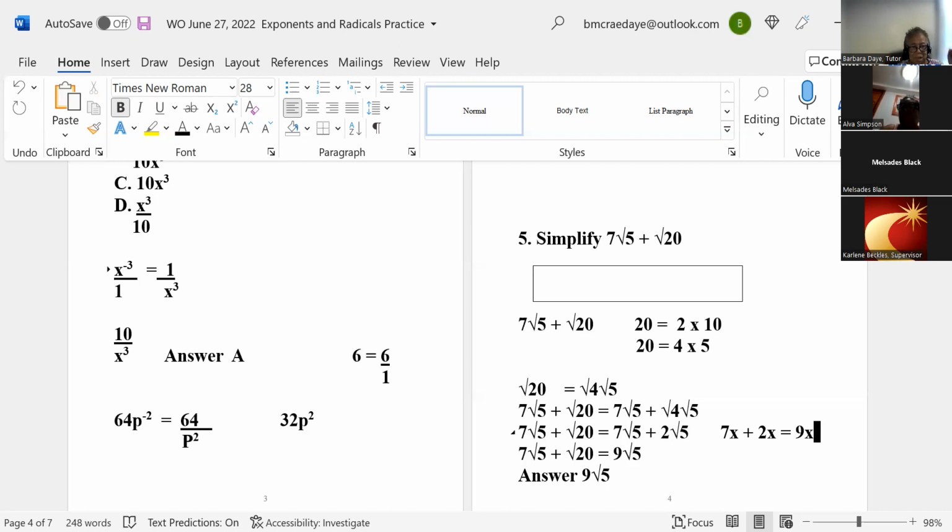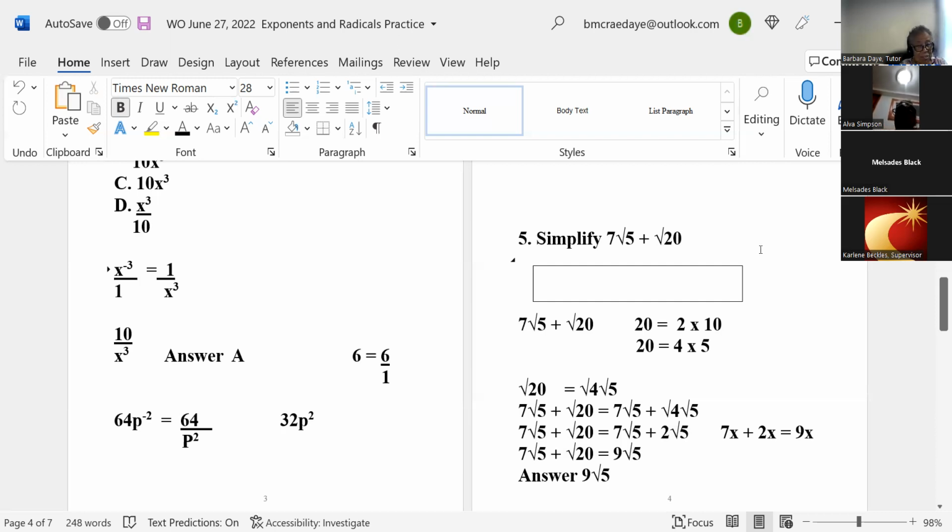Well, let's start back up here. When you look at a problem like this, I want you to be able to see the math. You see a 7 and a square root of 5. 7 is a prime number. 5 is a prime number. So this one is as simple as it can get, right? But your clue is, if I have a square root of 5 here, then I must be able to get a square root of 5 out of this square root of 20.